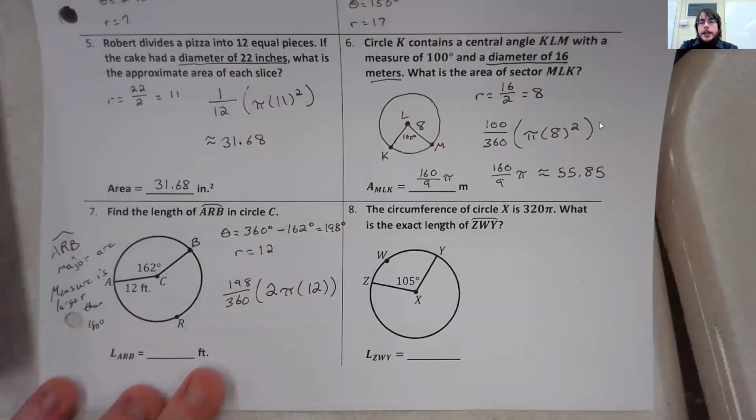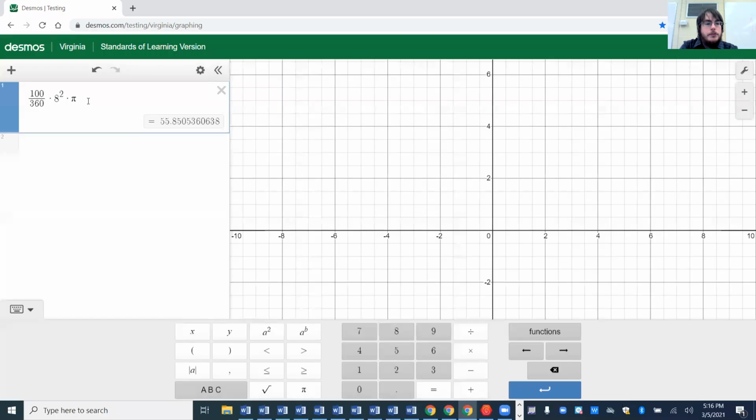Then if we go into Desmos, 198 over 360 times 2 times 12 gives us 66 over 5 pi as our exact answer.